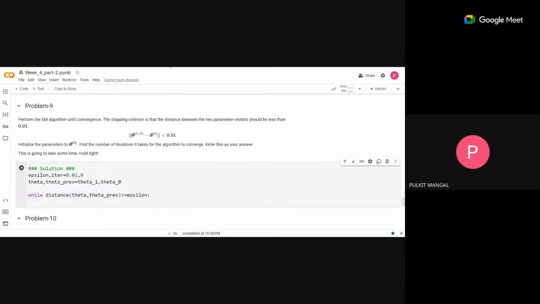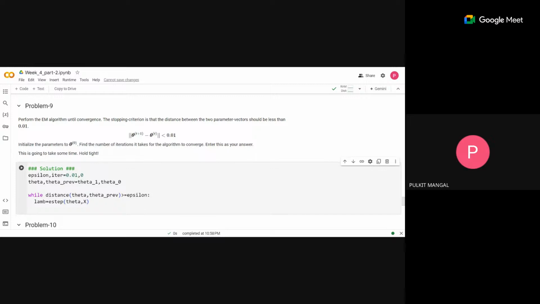And what we have to do is perform the E step and the M step. From the E step, which takes the newest theta that we have, we get a matrix lambda.